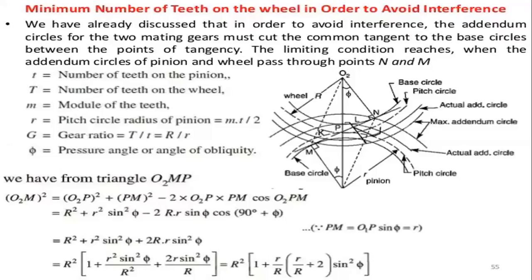Small m is the module of the teeth, and small r is the pitch circle radius of the pinion, that is m into t by 2.